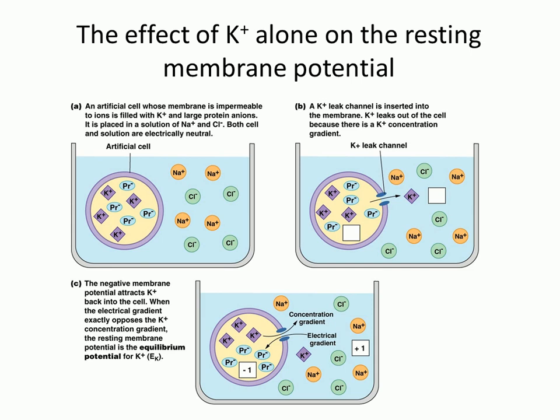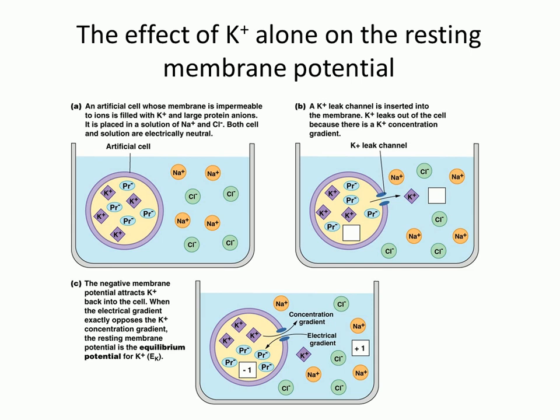Because what we have now is, if this is 2 positive and 3 minuses, we have a difference of 5 charges. All right? And so what we're saying then is that there's going to be a pull to bring back potassium to try to balance out the discrepancy between the charges.